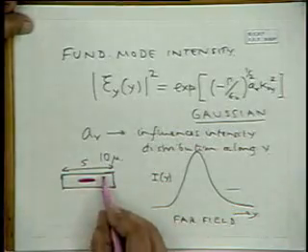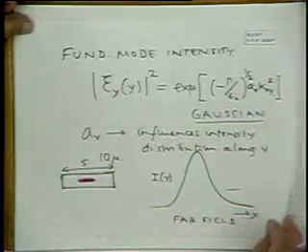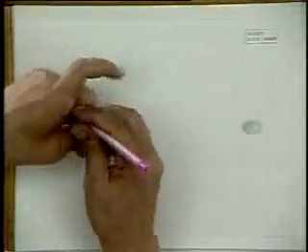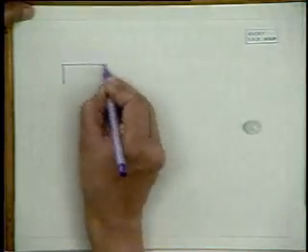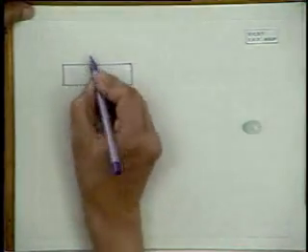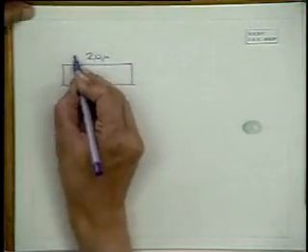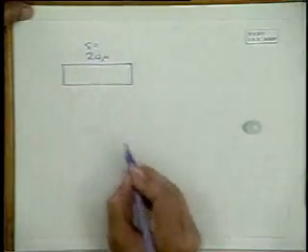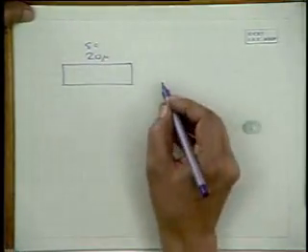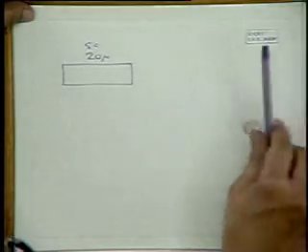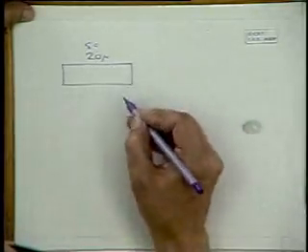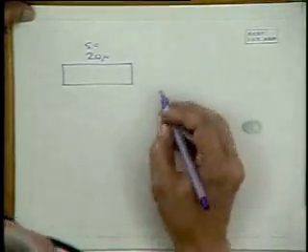Okay. Suppose S is not so small. What are the dangers of taking higher values of S? Suppose S is, say, 20 microns. Then it is possible that you will get a higher order mode occurring.